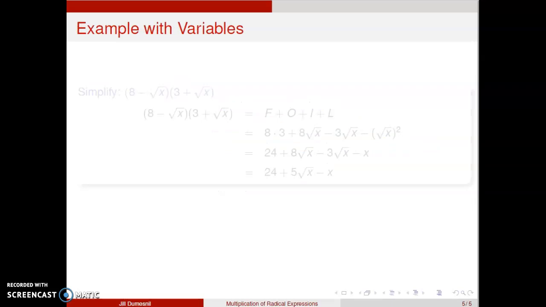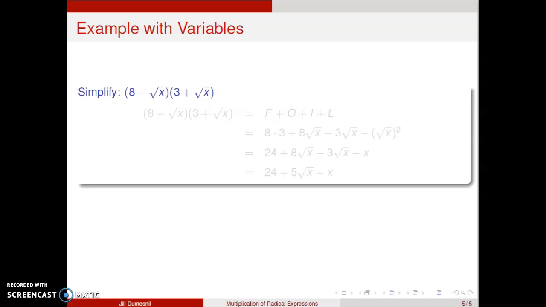For our last example, we present an example involving variables. Let's simplify the quantity 8 minus root x times the quantity 3 plus root x. In this example, we will use the FOIL technique for multiplying binomials.